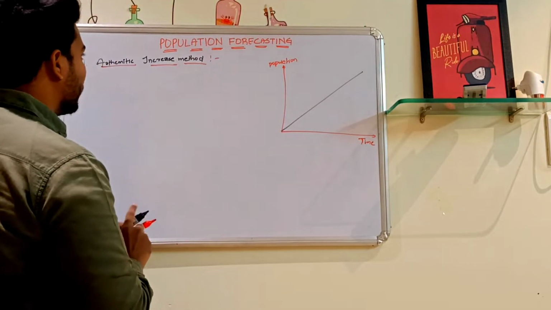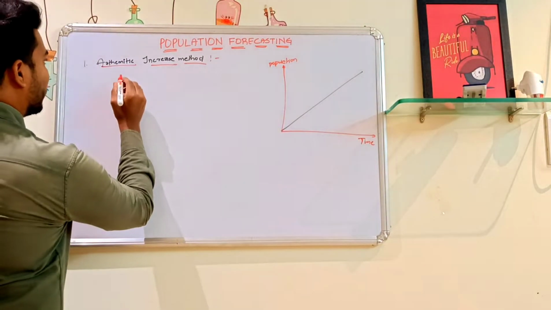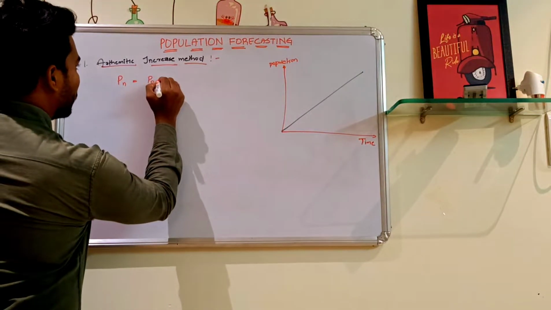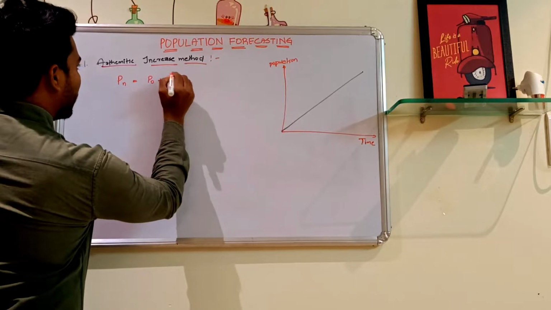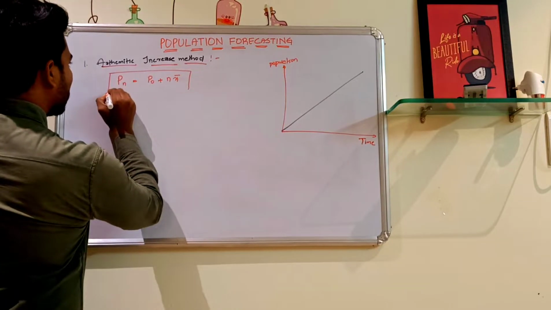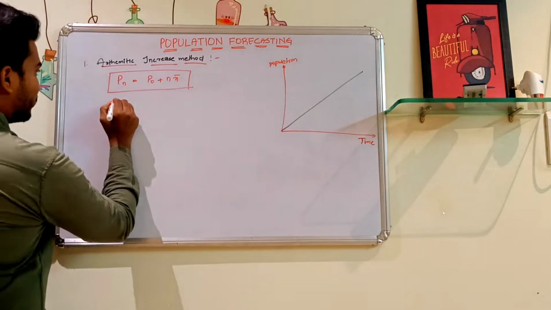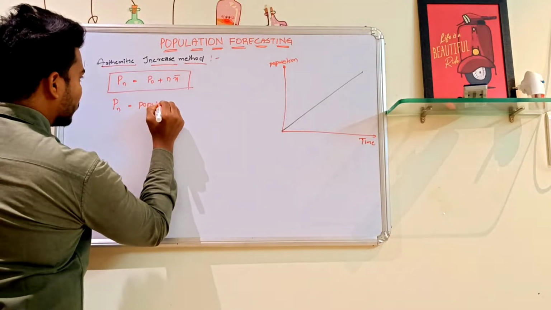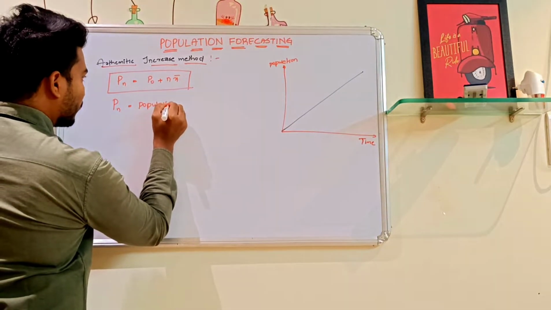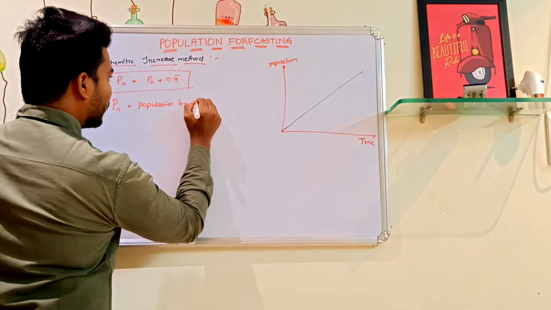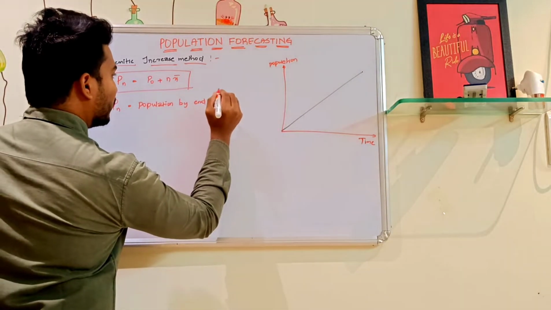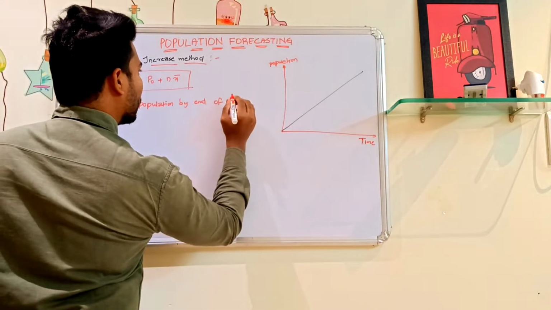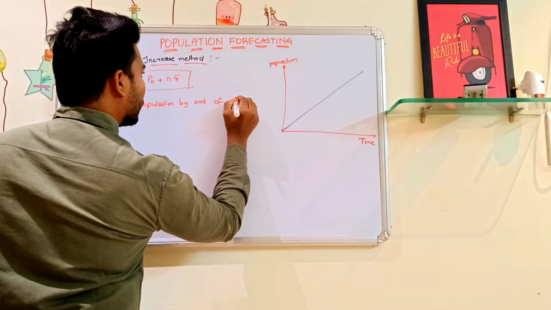So here the arithmetic increase method is estimated as Pn = P0 + n x̄. So what is Pn? Pn is the population by the end of the nth decade.